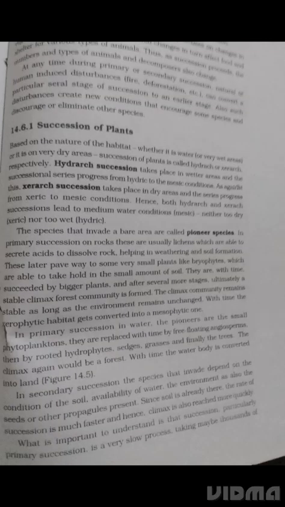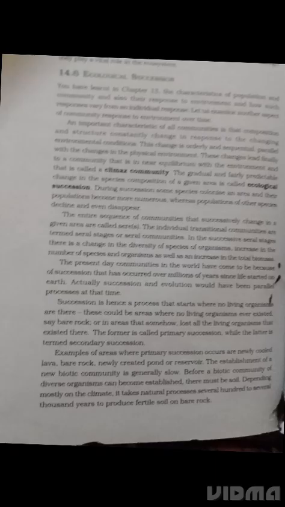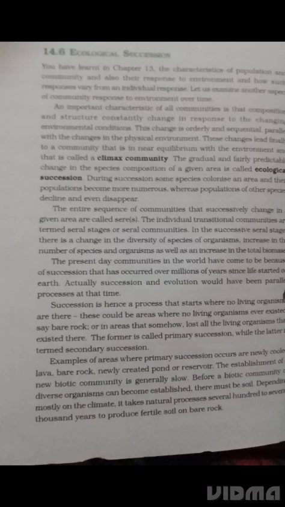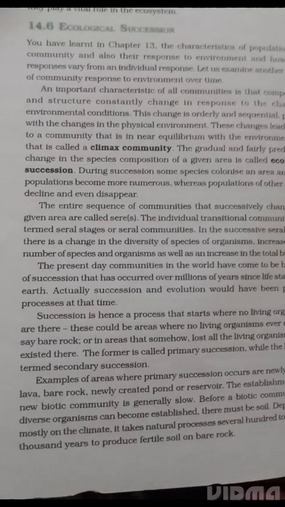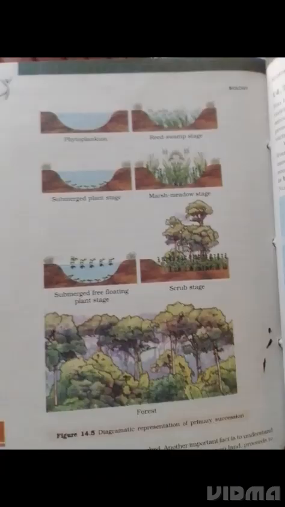That could be areas where no living organism ever existed, for example a bare rock, or areas that somehow lost all the living organisms that ever existed. Succession could also be divided into primary succession and secondary succession.